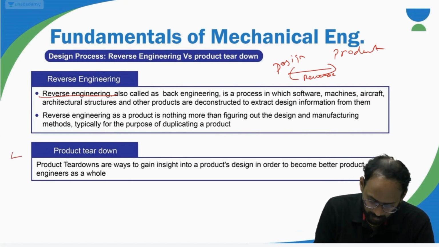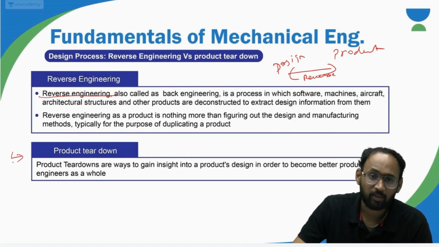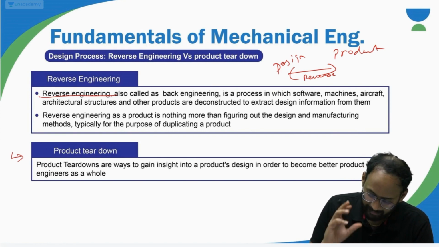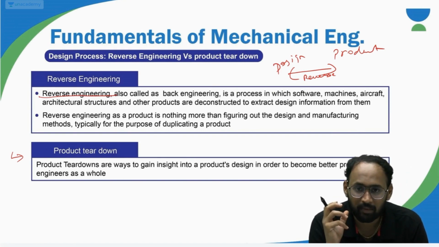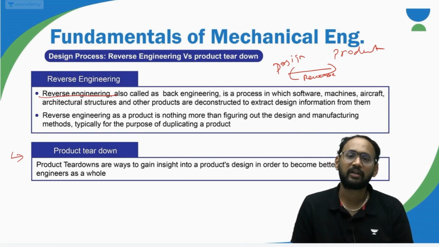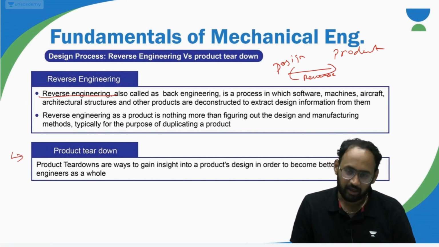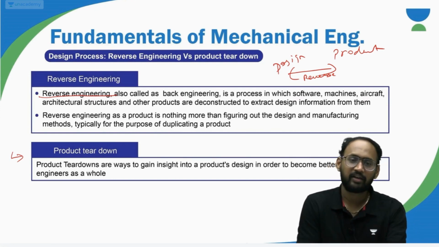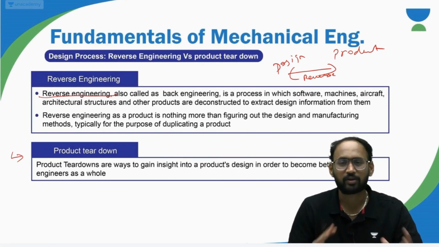What is product tear down? Product tear down is a way to get details about the product design. This will help design engineers get more information about the product. Reverse engineering and product tear down go hand in hand.